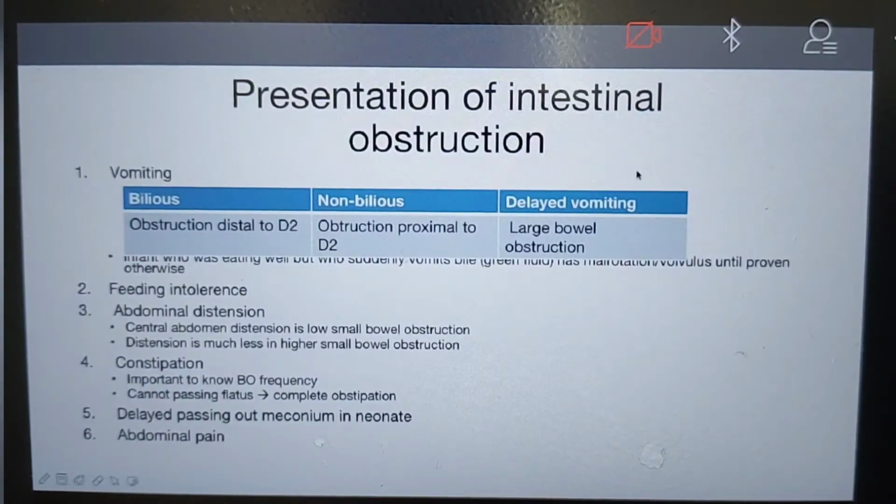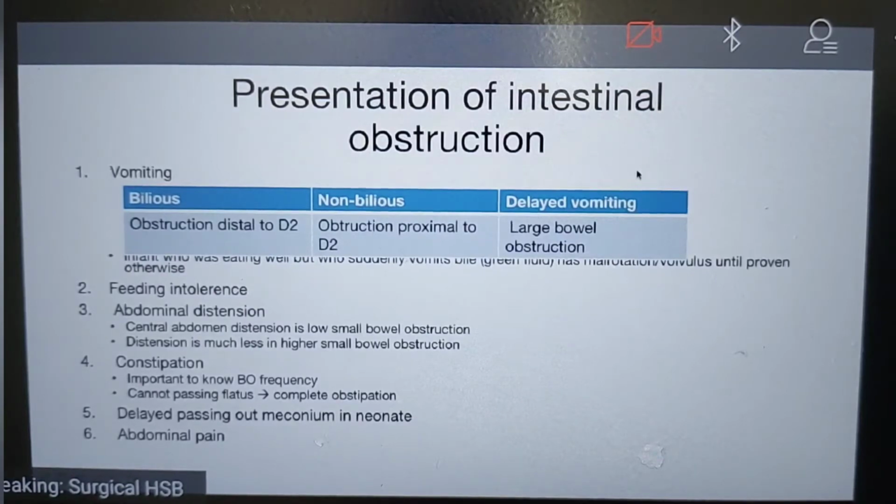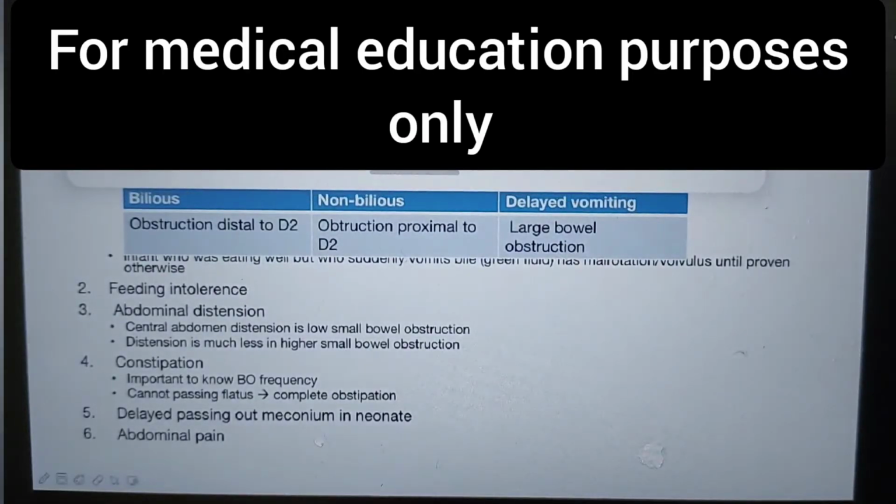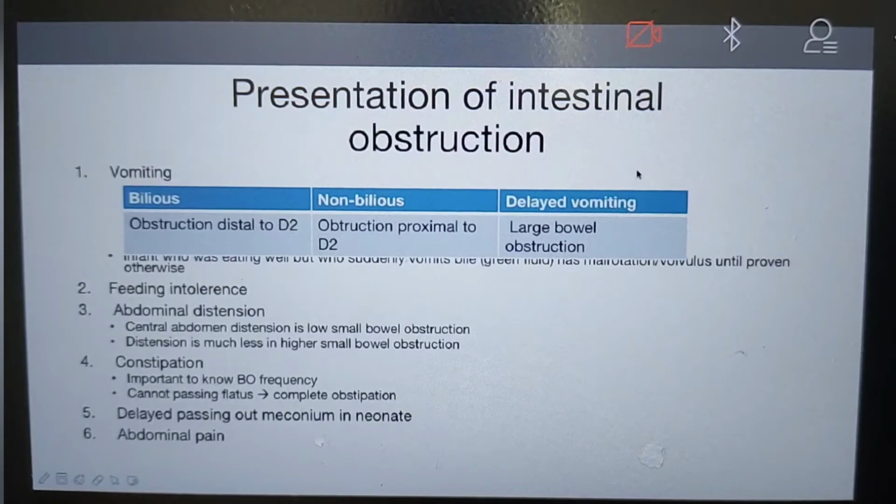Now, how do babies or children with intestinal obstruction usually present? The most frequent is vomiting. It can be bilious, non-bilious, or delayed vomiting. Bilious vomiting is usually because of obstruction distal to D2. Non-bilious is obstruction proximal to D2, and delayed vomiting is usually from large bowel obstruction.